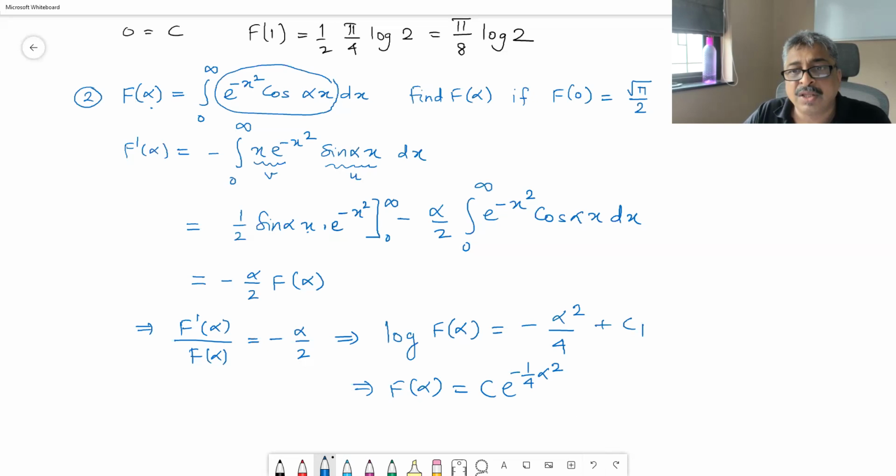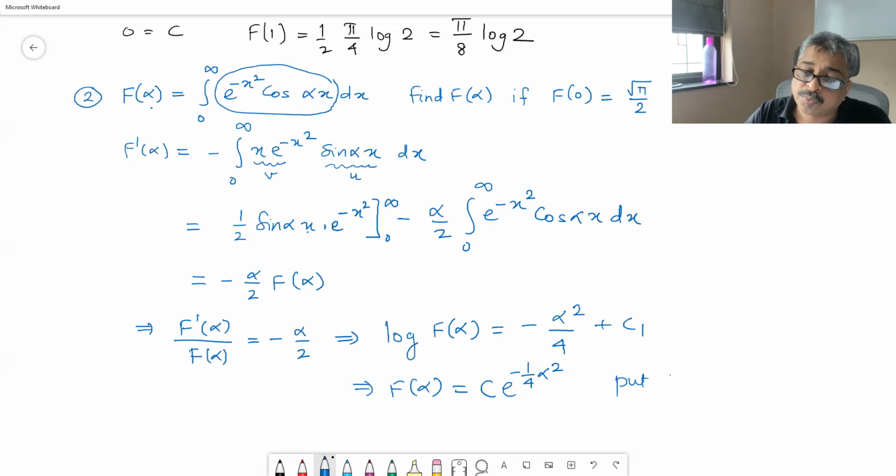Now we have been given f of 0 is equal to root pi by 2. So by putting the value of alpha is equal to 0, we get c is equal to root pi by 2.